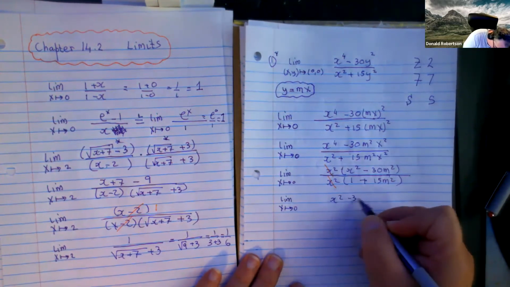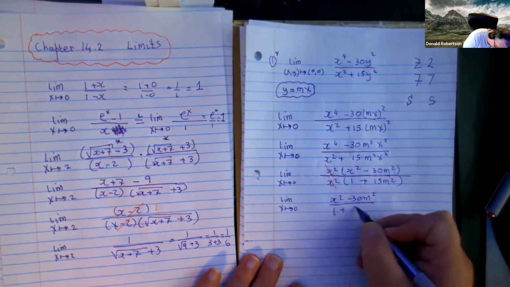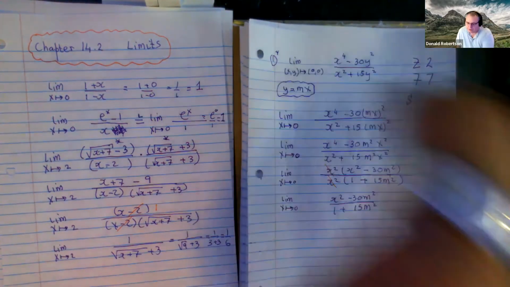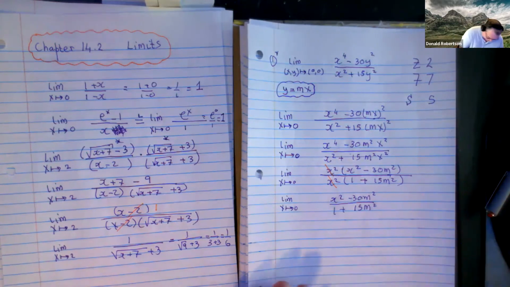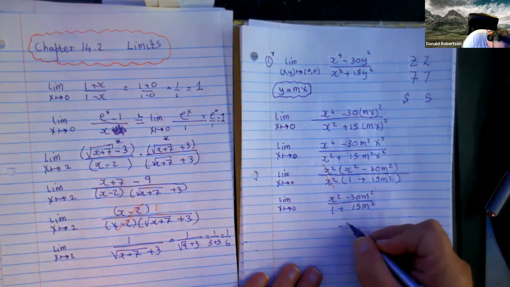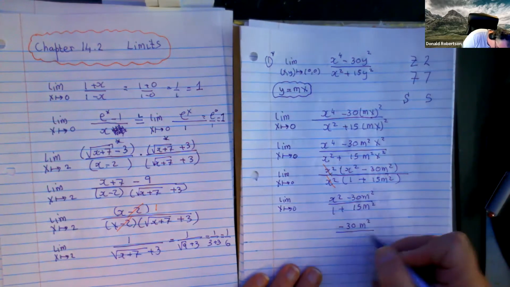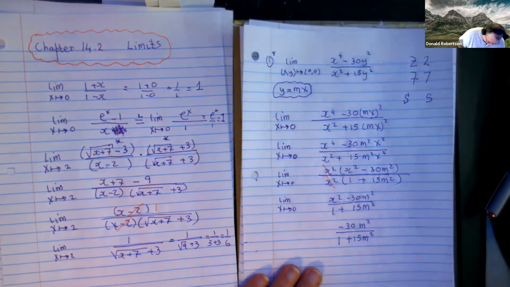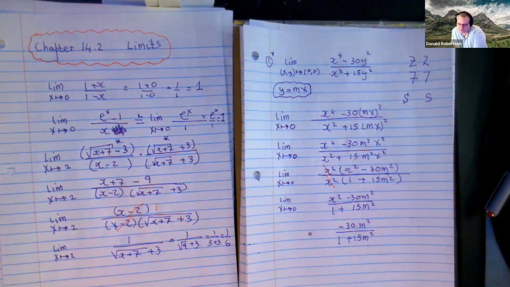So what we're left with now is that the limit as x tends to 0 of this fraction should generate the same answer. Now, if you make x 0 here, you end up with negative 30 m squared over 1 plus 15 m squared. We're happy; 0 squared just gets you 0 and it disappears.